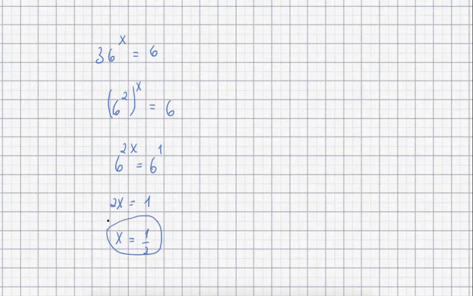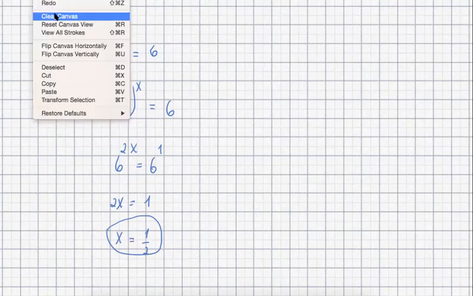Got it. Okay, let's do another one. This is actually interesting. Let's say you have 5^x equals 1 over 5^(x minus 2). Please take a look at the formula that I told you is really important.